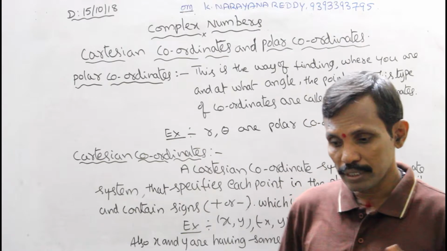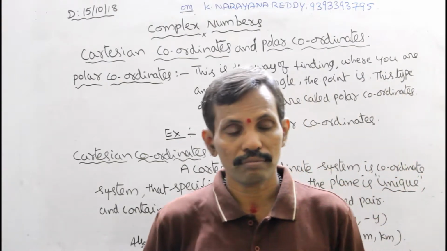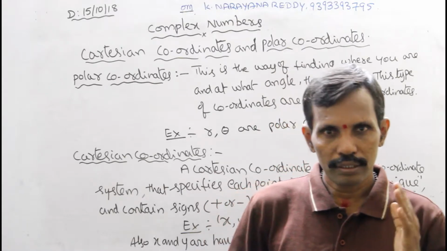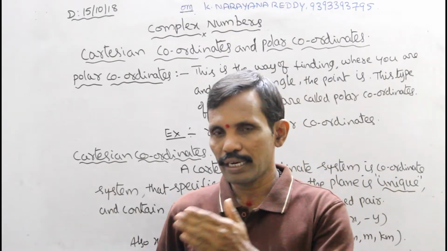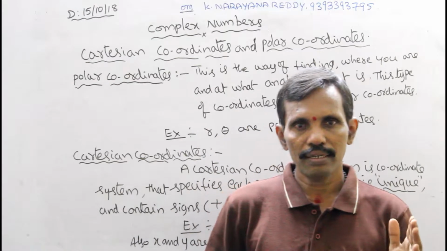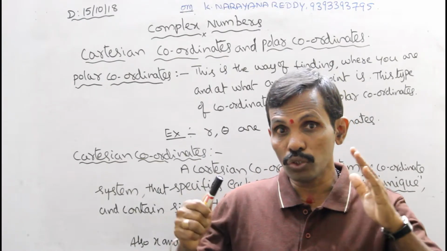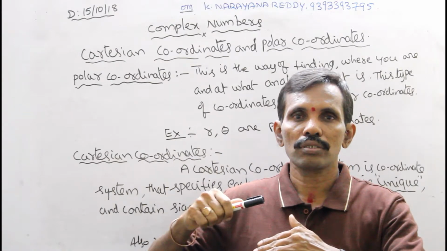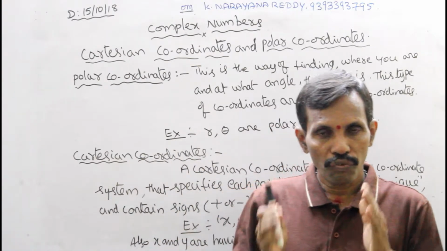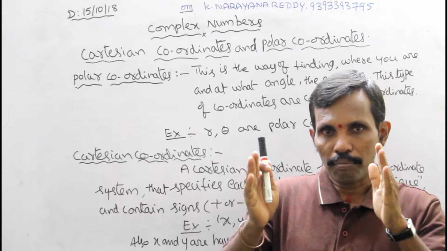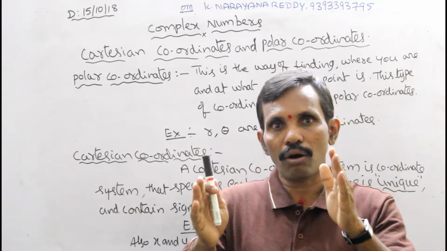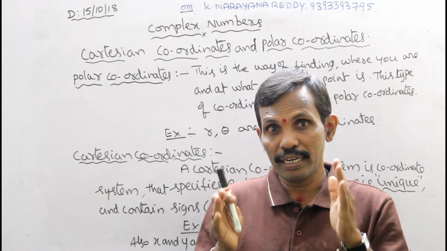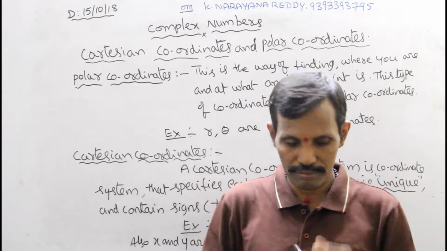All other numbers, like natural numbers, whole numbers, integers, real numbers, rational and irrational numbers, are different from complex numbers. So we want to focus mainly on complex numbers in the number system. That is the main important point which you have to observe.